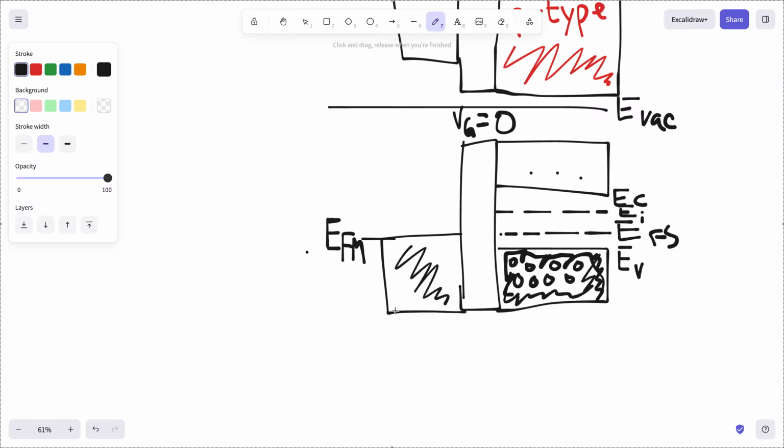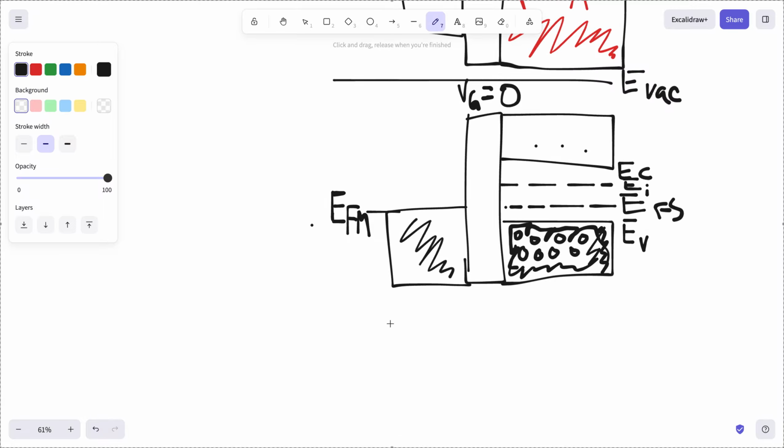So now the key metrics we need to know. Before we go into some of the other key properties, we should discuss what electron affinity and work function are.